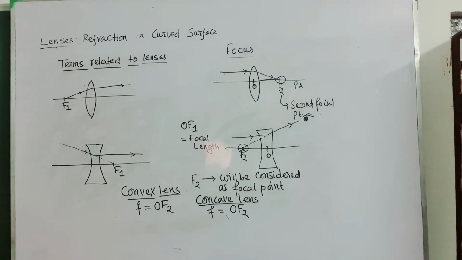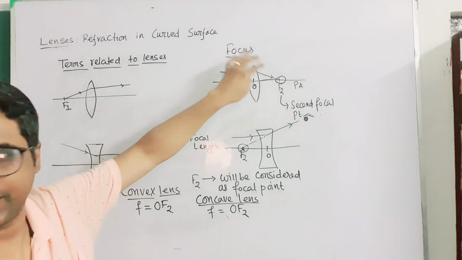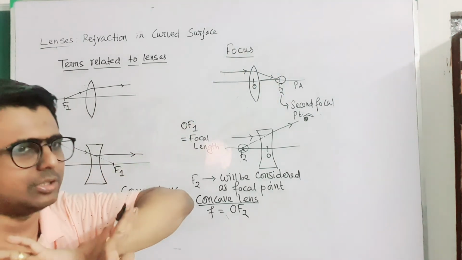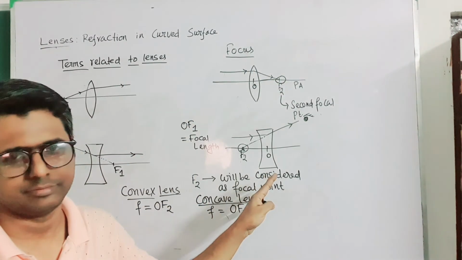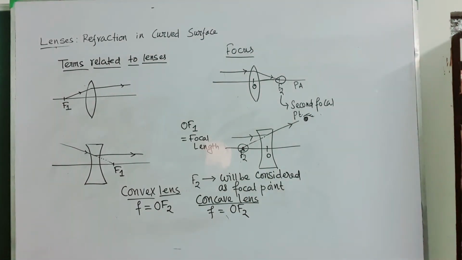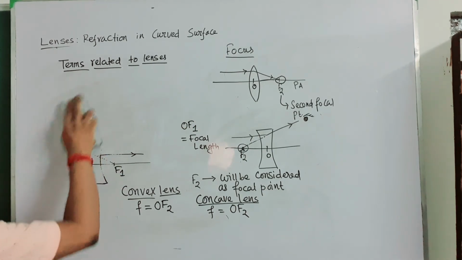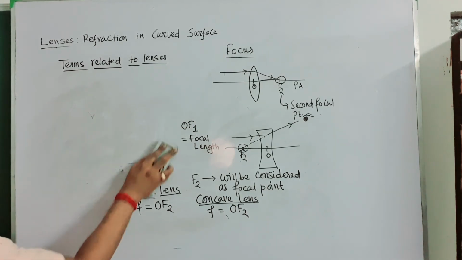So focal length depends on what? On where the ray meets the principal axis. It is not depending on the geometry. Okay?